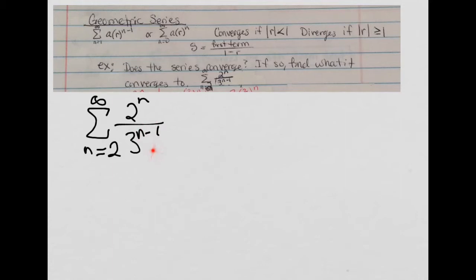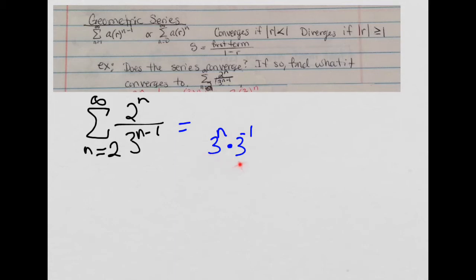We want to somehow rewrite it so that it's in one of these two forms. What we can do is split up these powers down here. You could say that that's 3 to the n times 3 to the negative 1.